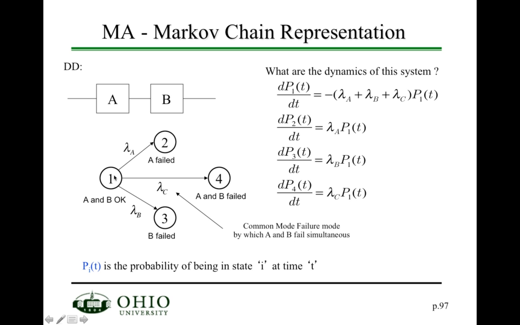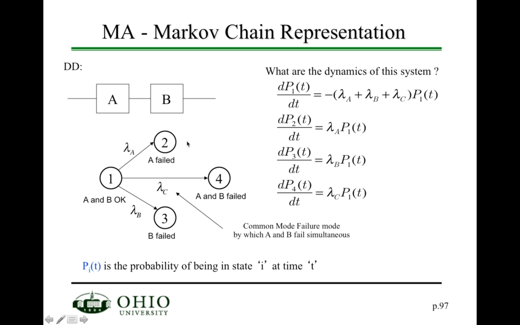There are no transitions back to 1, so there is nothing with a plus sign. So you see that the change in the probability of being in state 1 is minus the outgoing arrows' failure rates. So it's going to be minus lambda A, minus lambda C, minus lambda B times P1.